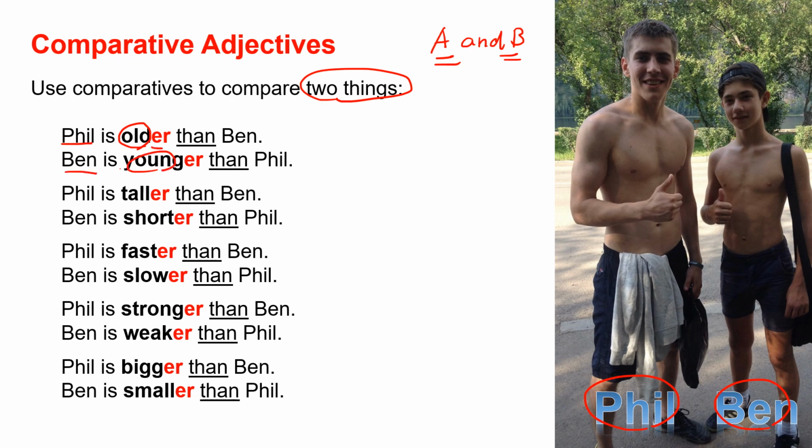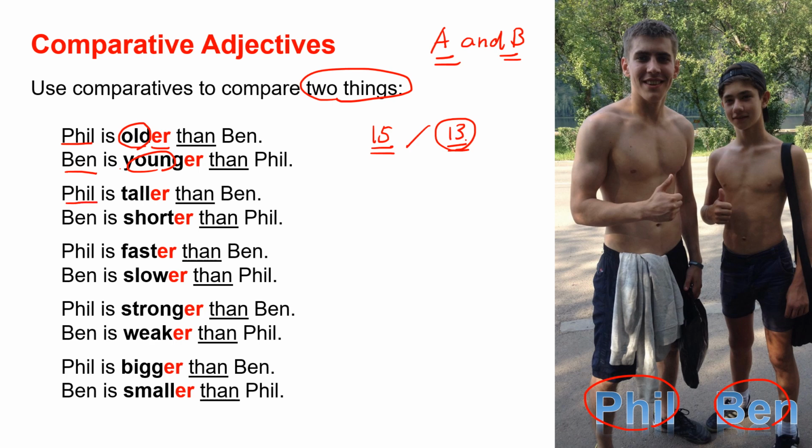And Phil is older than Ben. And Ben is younger than Phil. For example, Phil is 15 years old and Ben is 13 years old. So Phil is older than Ben. Ben is younger than Phil.